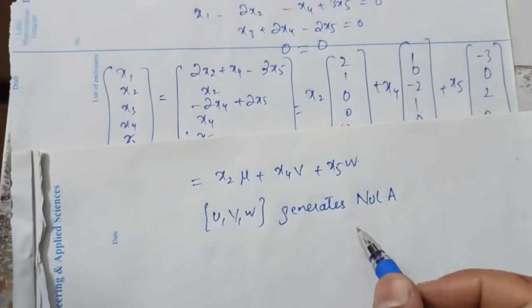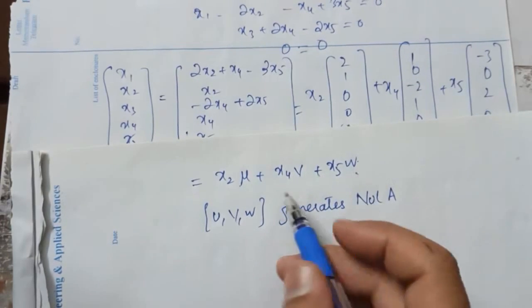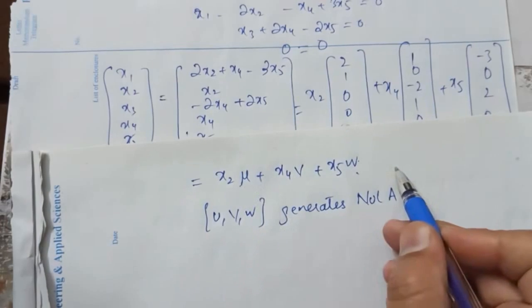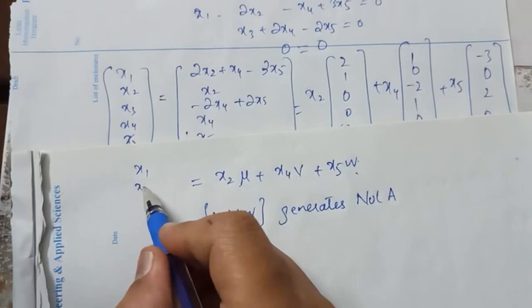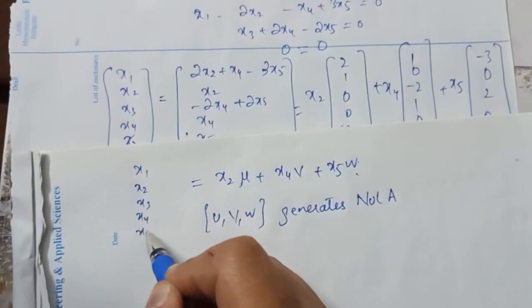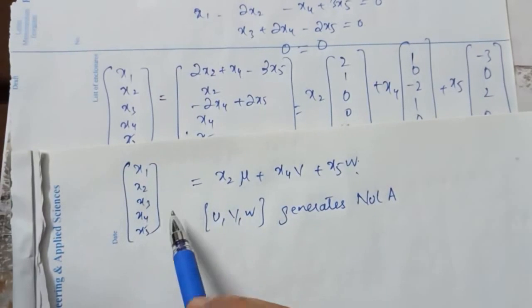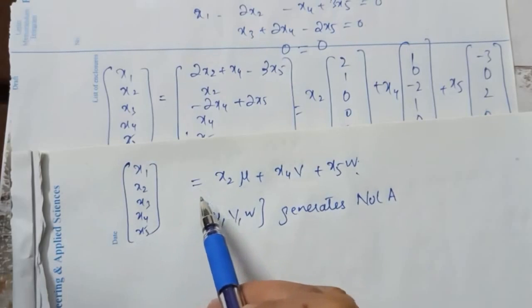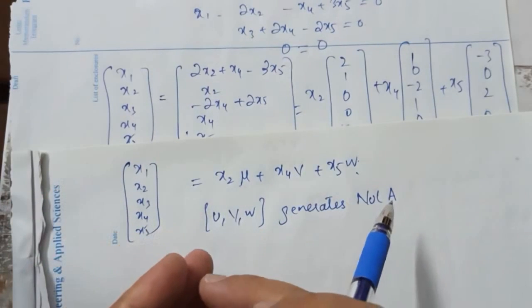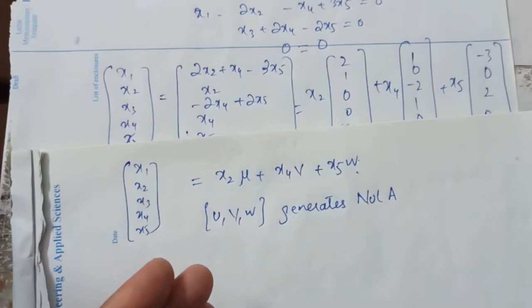and the thing here is u, v and w are linearly independent, because remember this is x1, x2, x3, x4 and x5 on your left hand side, right? Remember this, in the case of linear independence, the linear combination of those vectors will only have the trivial solution.